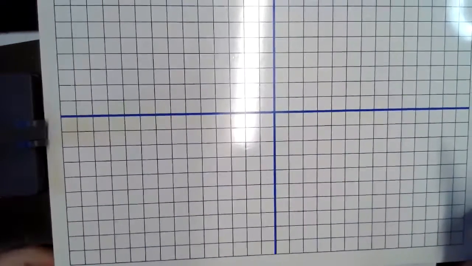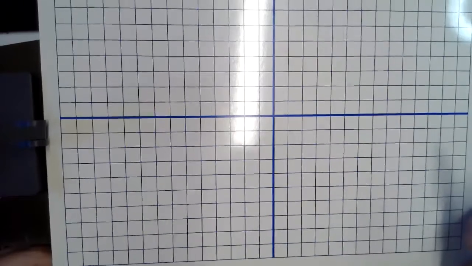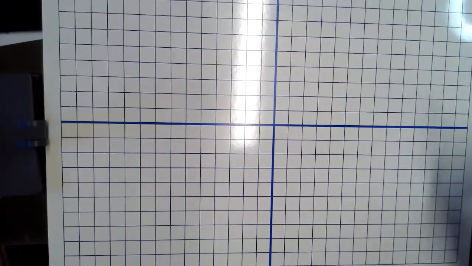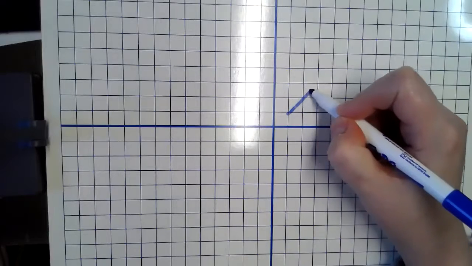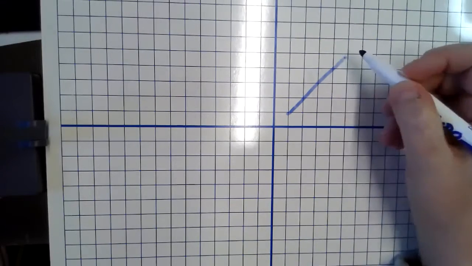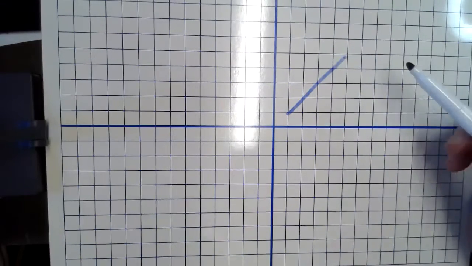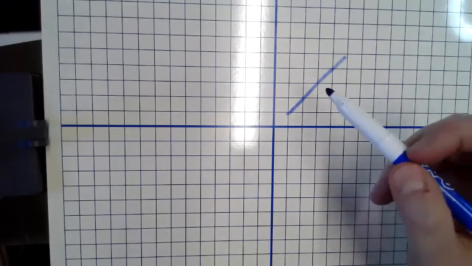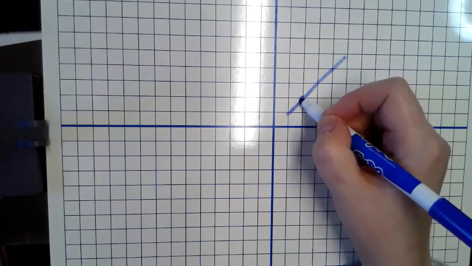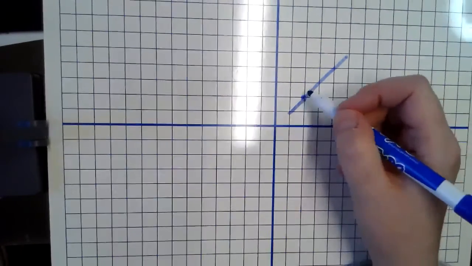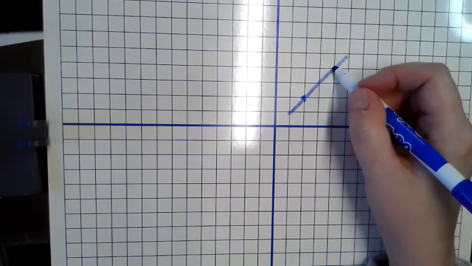Now, one other thing I want you to know when you're looking at coordinates and lines, a line that goes this direction is positive. And remember, a line goes forever. So even if you only had a couple points on the line, like in this case, you had 2, 2 and 4, 4.